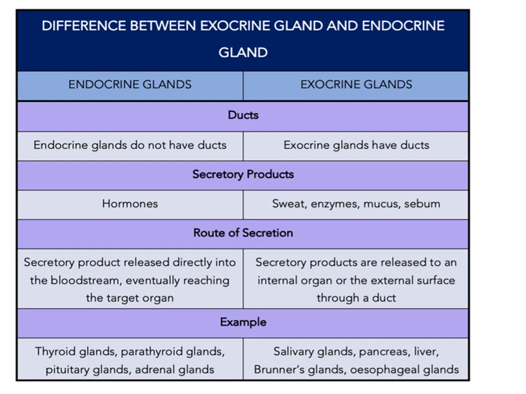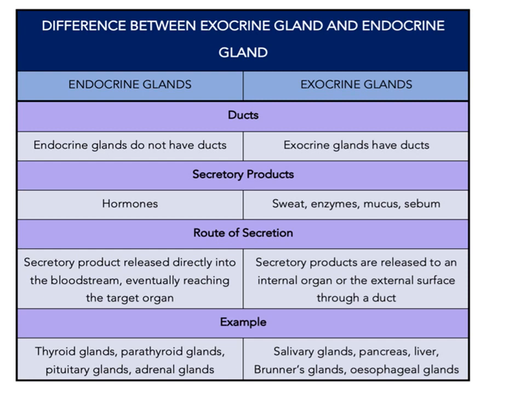The substance may come out through one tube. That is known as a duct. Based on this duct, there is one difference between endocrine and exocrine. Endocrine glands do not have ducts, but exocrine glands have ducts. So this duct is not there for endocrine glands.